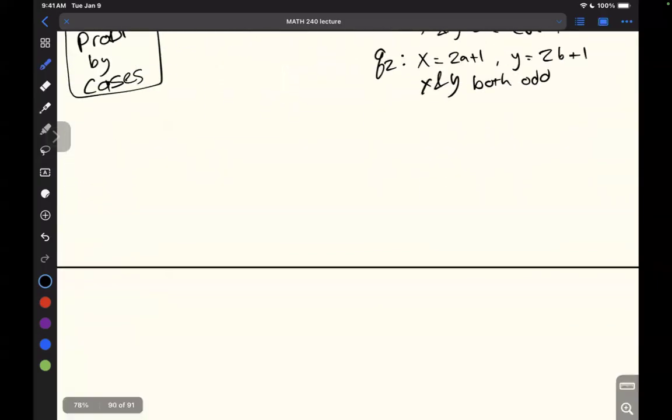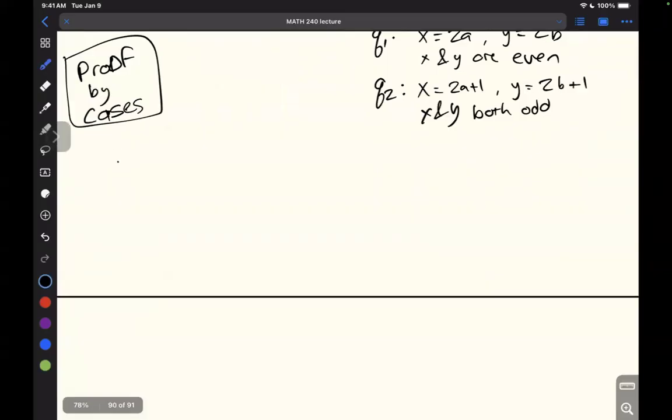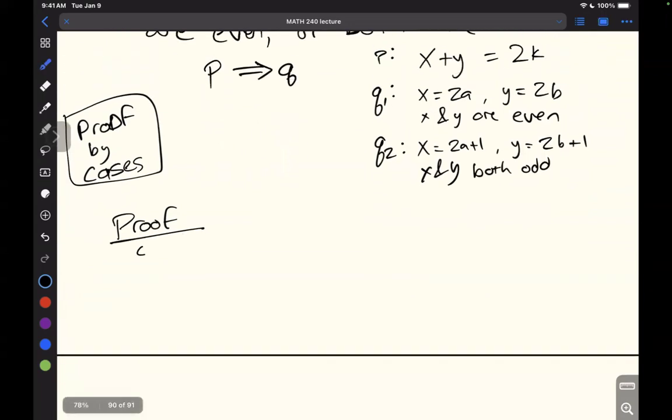When this is the case, we'll take it one case at a time. To prove this by the contrapositive, we assume that the conclusion is false. So let's choose case one, both are even.